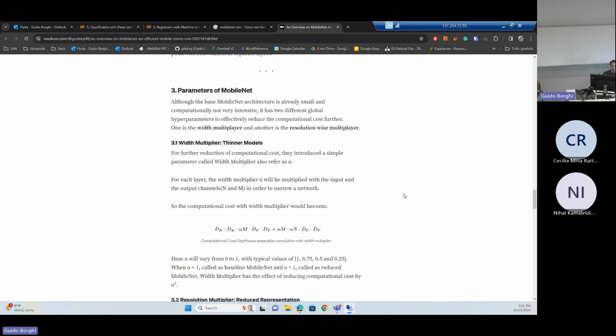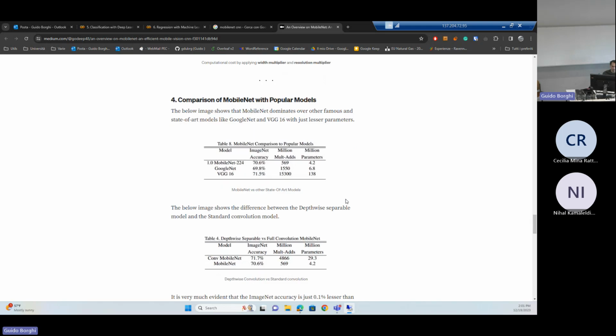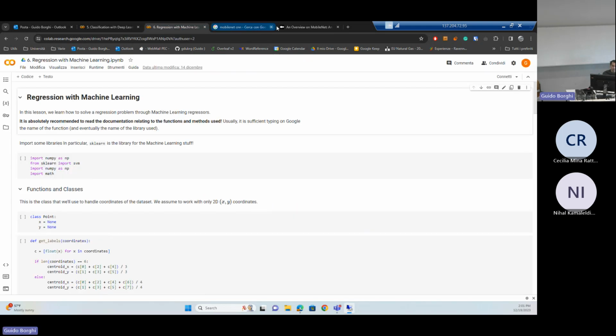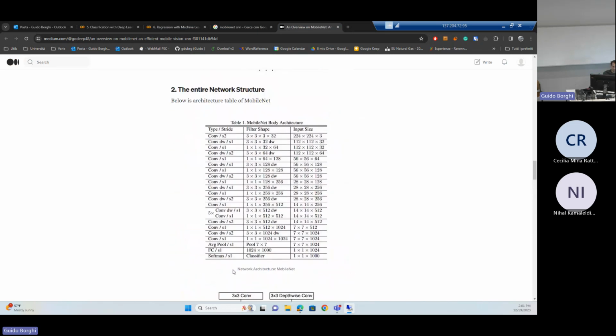For each network that you can find in Keras, you can also find the technical documentation online. And you are able to understand the majority of the concepts exposed here. We didn't cover all the aspects, of course, since we have only 24 hours, but you can understand the main content of this technical documentation. For example, here you can understand that we have a convolutional layer. You can see also that we have a specific filter shape.